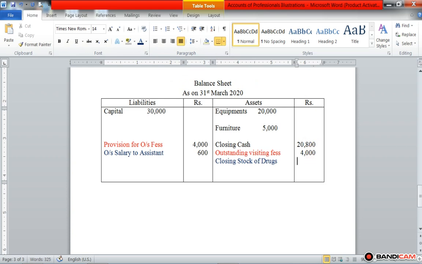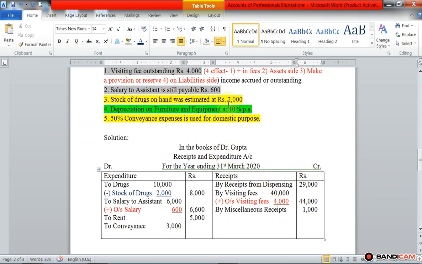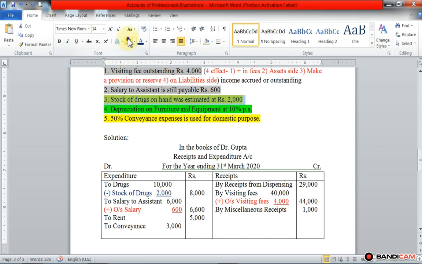How much drugs is left with Dr. Gupta? Here amounted to rupees 2000. Okay, 2000 is the closing stock of drugs. So here we solved additional information number third also.